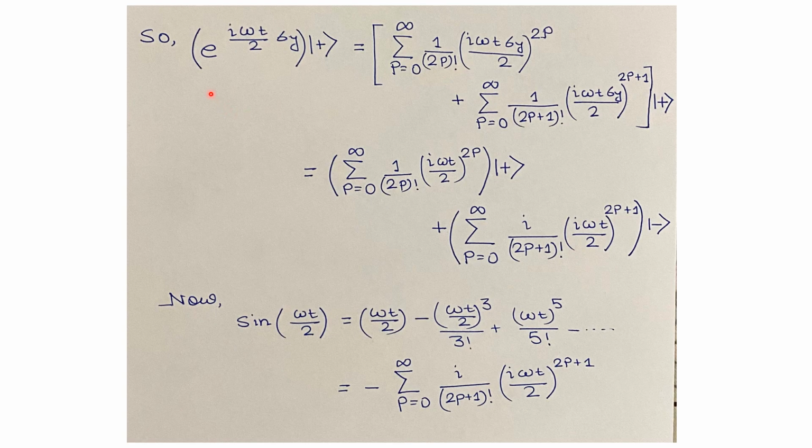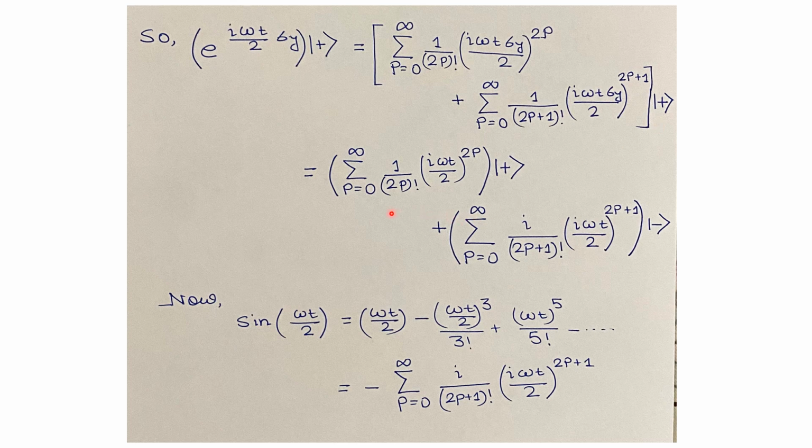Now, we will calculate this operation, that is e to the power I omega t by 2 times sigma y acting on the plus state. So, we have obtained that e to the power I omega t by 2 times sigma y can be written as a sum of two series acting on the plus state.